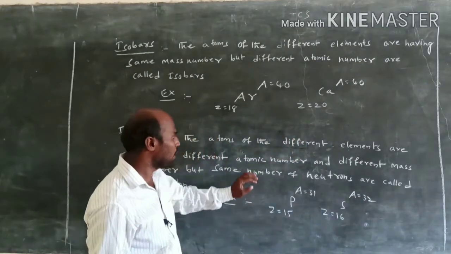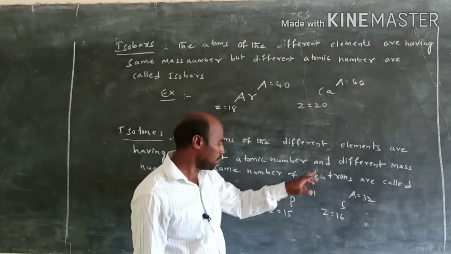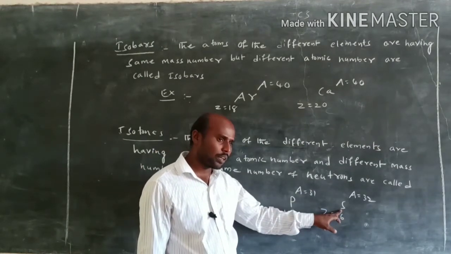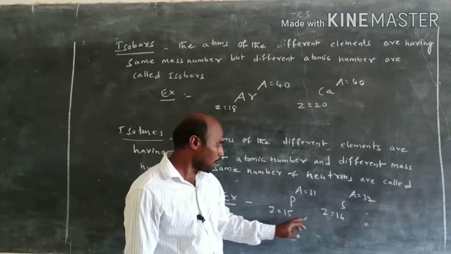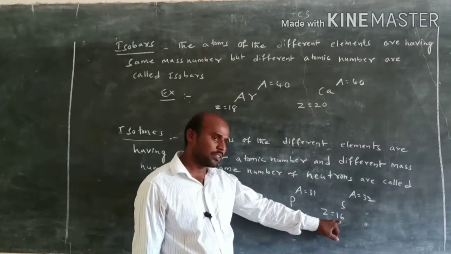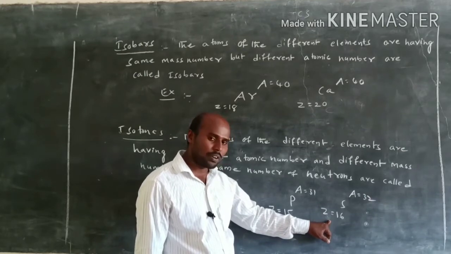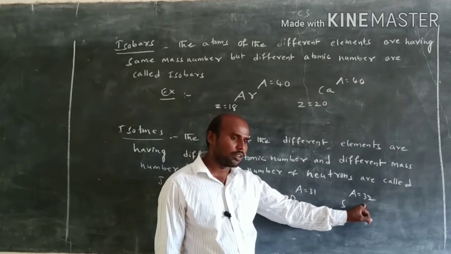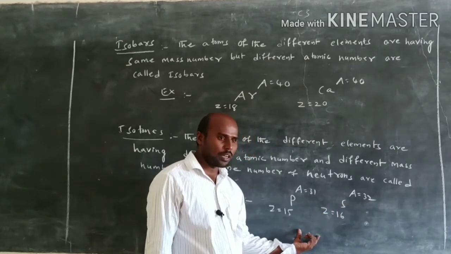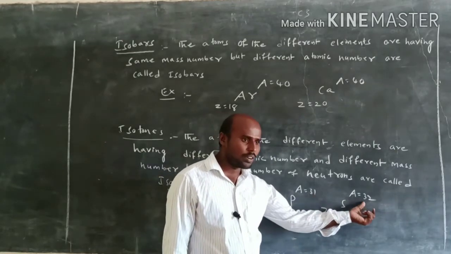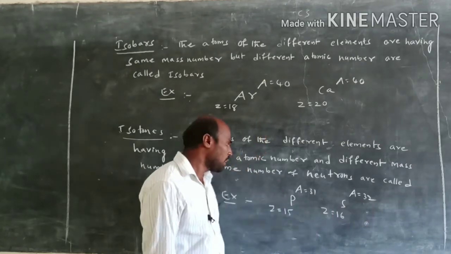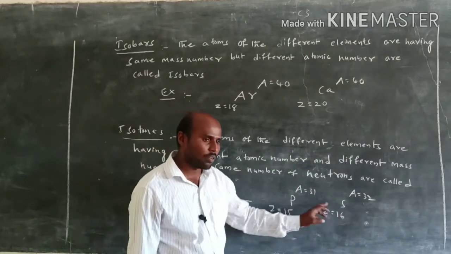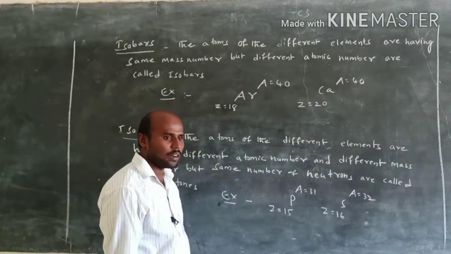Listen, here the atoms of different elements, phosphorus and sulfur, are having different atomic number, 15 and 16, and different mass number, 31 and 32. But the condition is the same number of neutrons. Both elements are having the same number of neutrons and are called isotones.